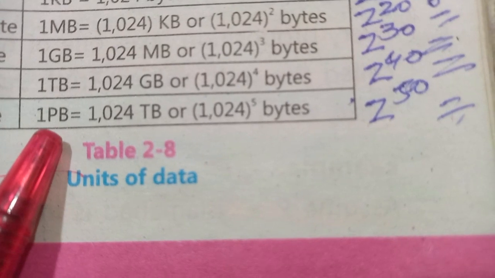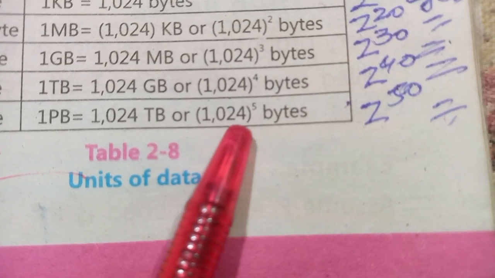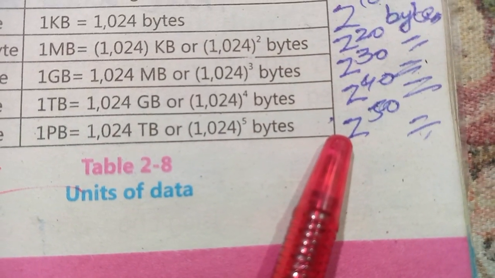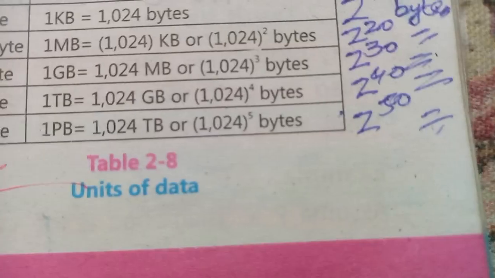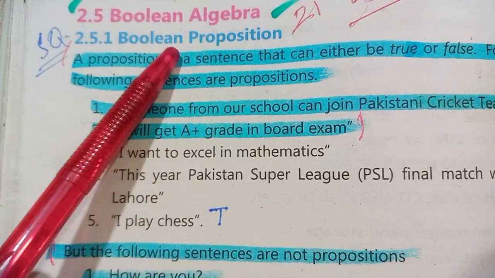And lastly, 1 petabyte equals 1024 terabytes, or 1024 raised to power 5 bytes, or 2 raised to power 50 bytes.